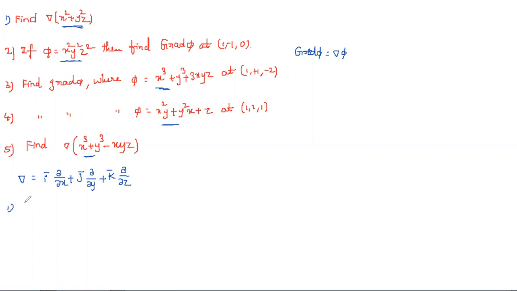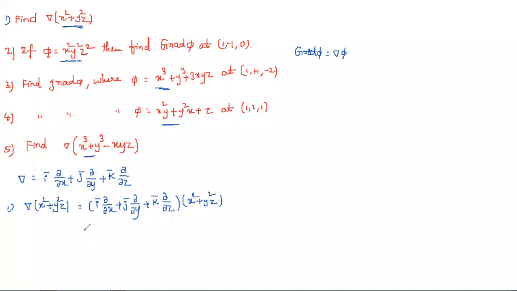First, del of x square plus y square z. Del is i into dou by dou x plus j into dou by dou y plus k into dou by dou z, applied to phi. Here the scalar is x square plus y square z.